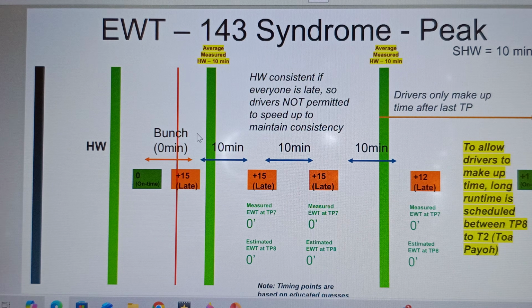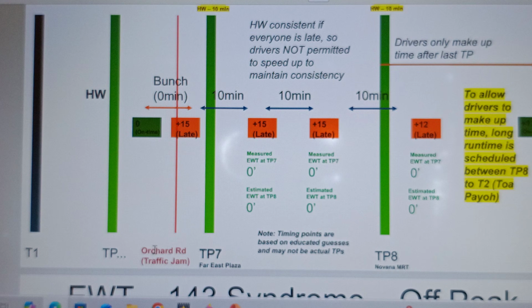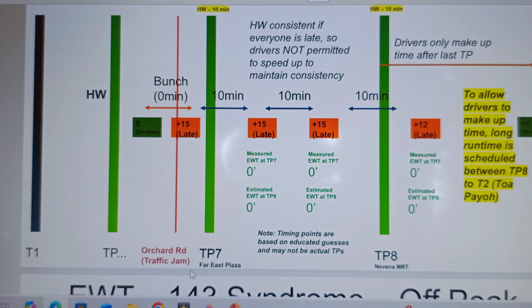And then you see when they bunch, it's 0 minutes. But the bunching cannot be helped because this is a congestion prone zone, like Orchard Road traffic jam. If you want specific examples, TP7 Far East Plaza, TP8 opposite Novena MRT, Novena Church.